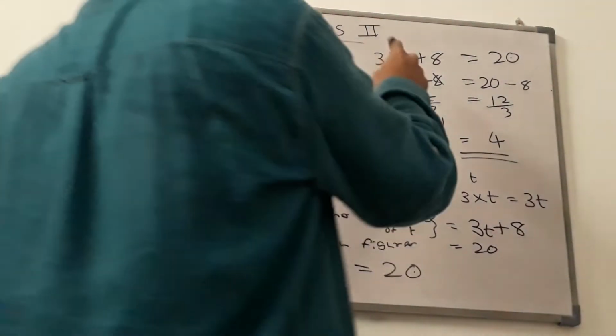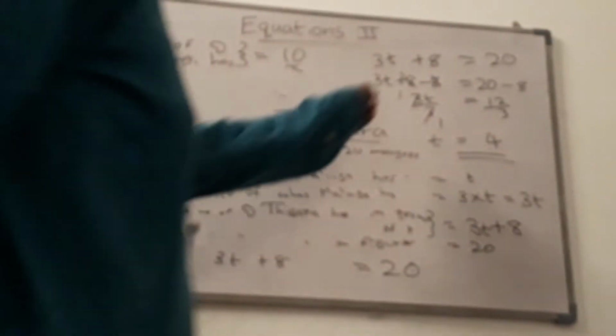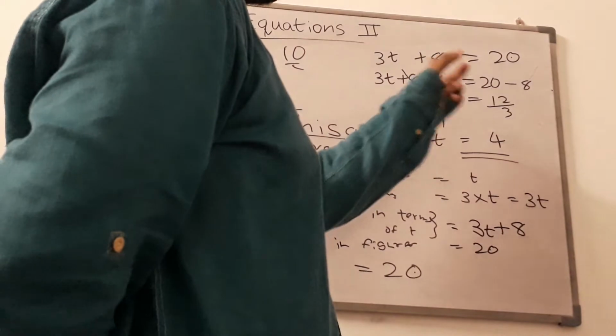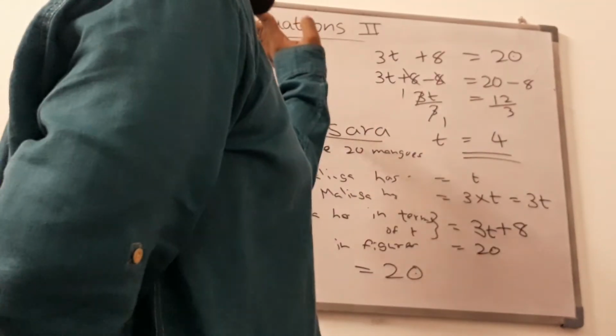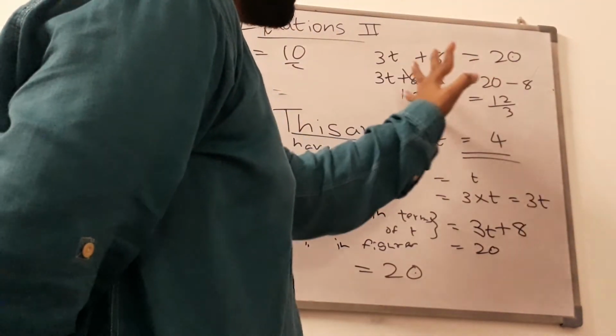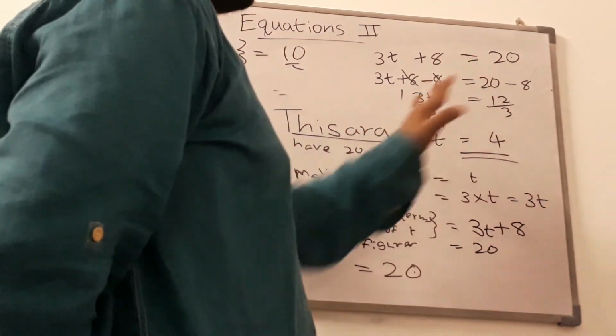Again, 3T plus 8 is equal to 20. To remove 8 I subtracted 8, that is okay. Then 3T equals 12. To remove the multiplication part, we have to divide the figure in front of T by the same value. So 3T has to be divided by 3.